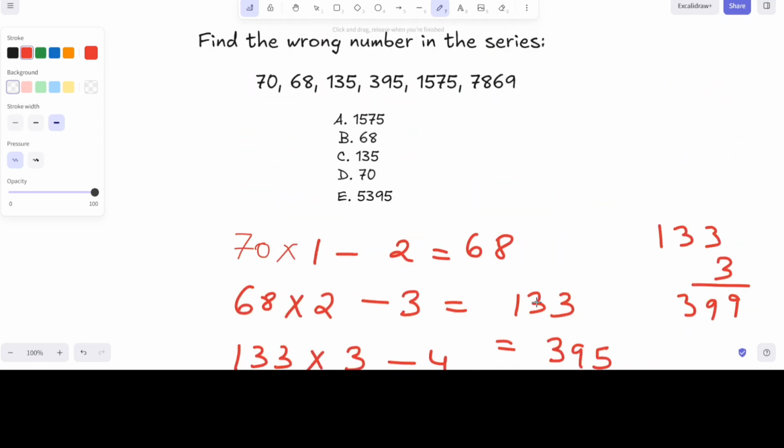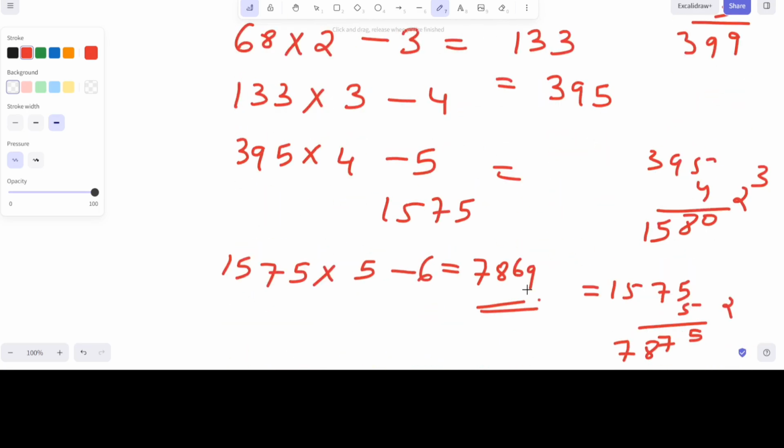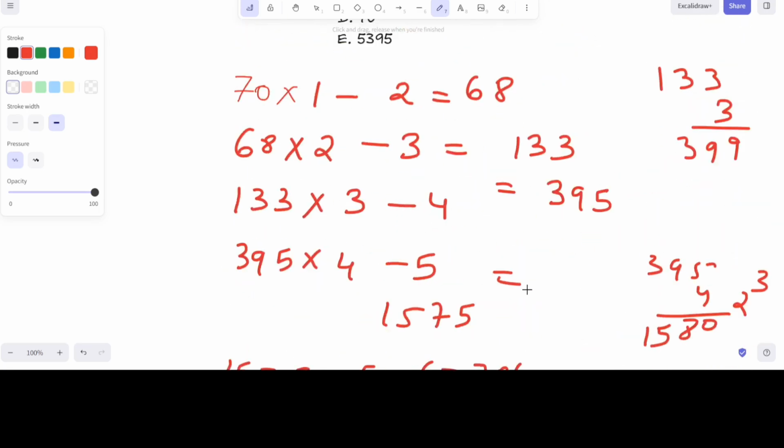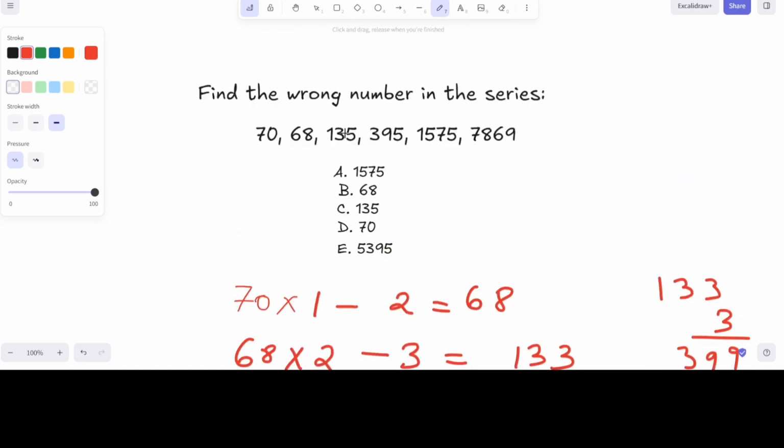So the last term is 7869. If you inspect closely, we can see the wrong term is 135. The correct term is 133. So the wrong term is 135.